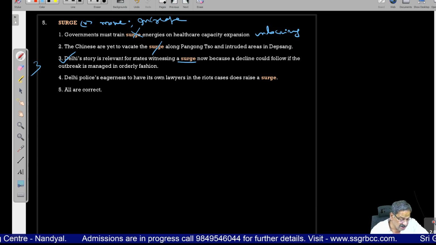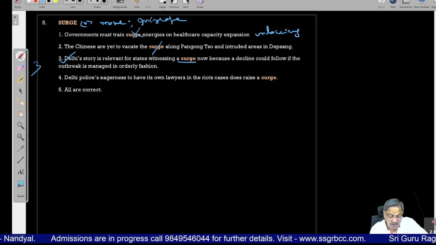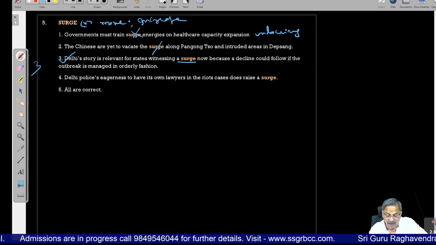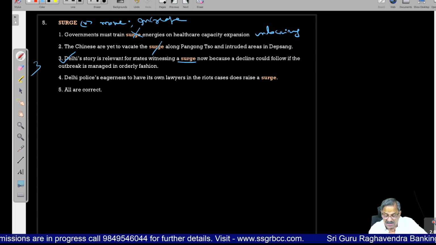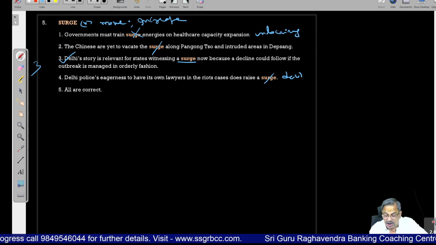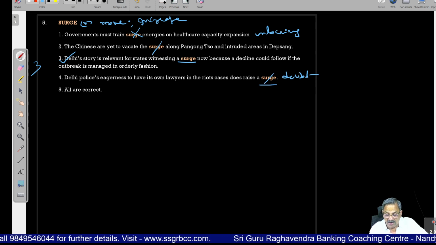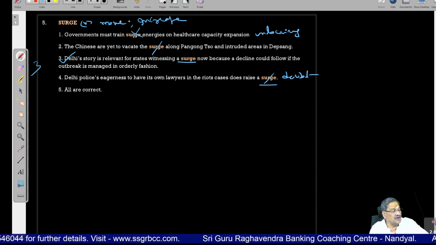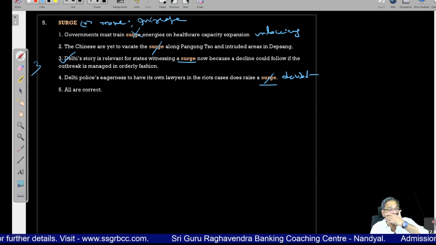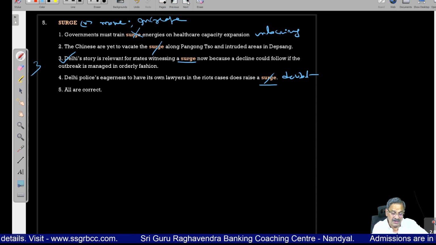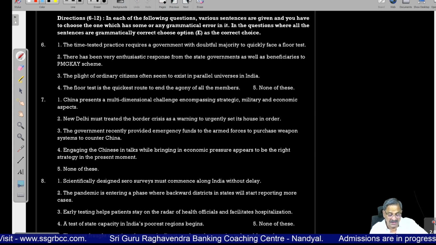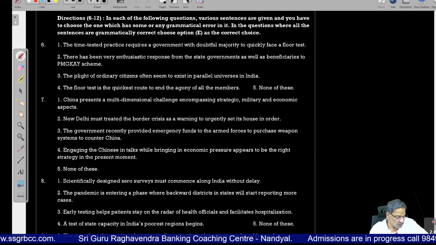Does raise a dash. Delhi's police eagerness to have its own lawyers in the riots cases does raise a surge, does raise a doubt. Here it is not going to be suitable. Surge means movement. We have to get that sense. So which one is correct? First one is correct.